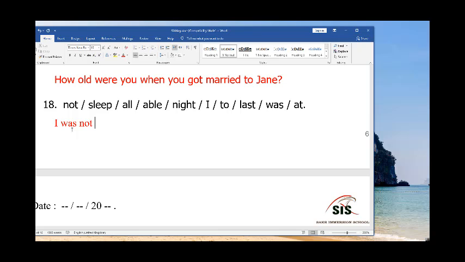I wasn't sleep or I wasn't able to sleep. Means I couldn't sleep. So, I wasn't able to sleep when, yes, last night at all. The rest of the sentence. So I wasn't able to sleep last night at all.